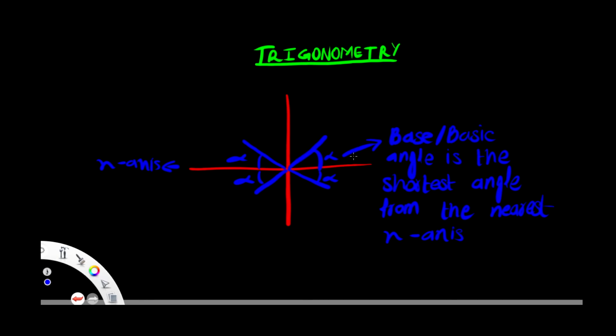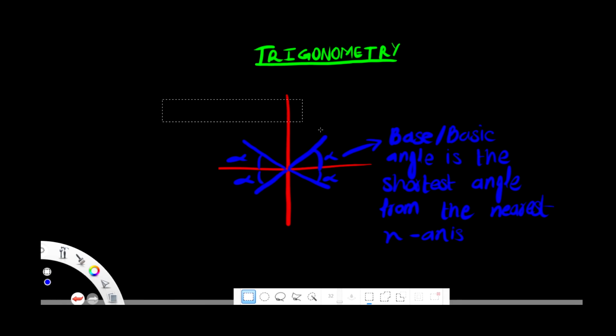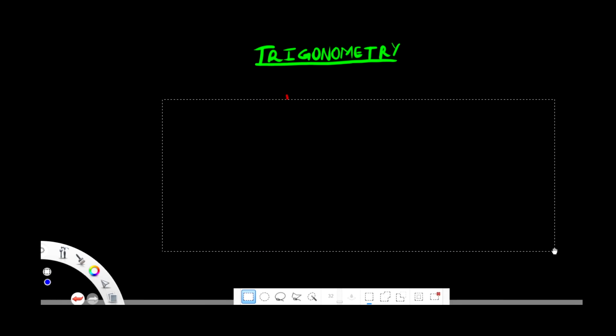So any angle in the world has two angles. One is the basic angle and one is the original angle. So what is the original angle? The original angle is basically the angle that is formed by going anti-clockwise. So what do I mean by this? Let's say this is a Cartesian grid and the basic angle is somewhere here.